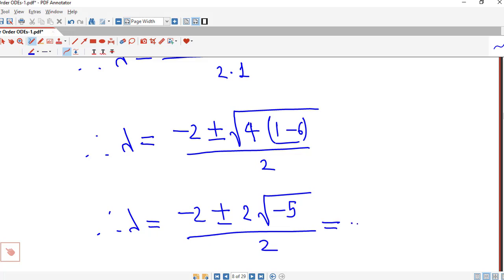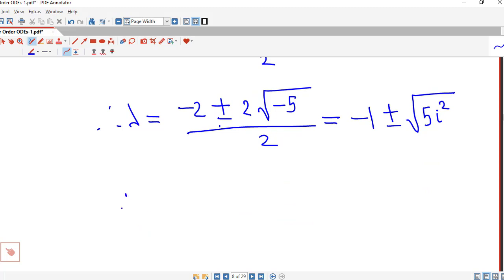Now this 2 will cancel out and we will have minus 1 plus or minus square root of 5 into minus 1, and we replace minus 1 by i square. Therefore lambda equals minus 1 plus or minus i into square root of 5.